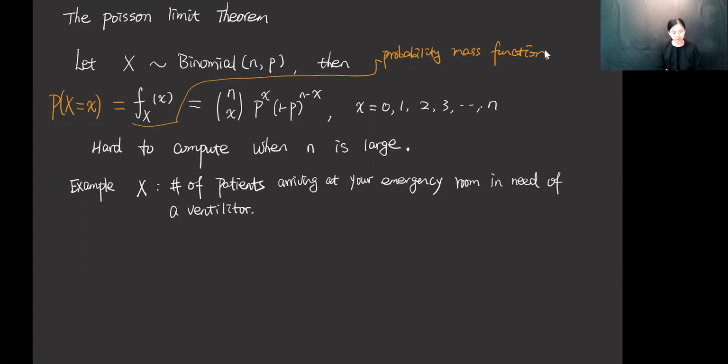What's relevant for your decision is the number of patients arriving at your emergency room in need of a ventilator. So let X denote that random variable. You do not know how many people will arrive at your emergency room needing a ventilator on any given day, and that is the random variable that you are interested in. It's very reasonable to model this random variable as a binomial random variable. You can think about it in the following way.